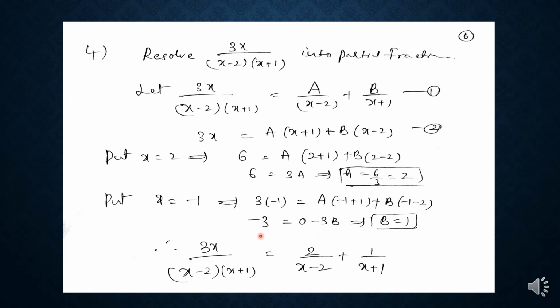So minus 3b is equal to minus 3, b is equal to 1. So the given rational fraction 3x by x minus 2 into x plus 1 is equal to 2 by x minus 2 plus 1 by x plus 1. So these are the partial fractions of the given fraction 3x by x minus 2 into x plus 1.